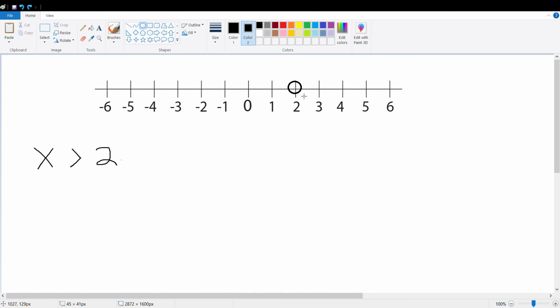We're going to draw a circle around the number 2 marker on our number line. And then we would draw a line to the right because, remember, this is going to be all numbers greater than 2. And then we would draw an arrow at the end. This symbolizes that all of the possibilities for a true statement are going to be all the numbers to the right of the positive number 2.